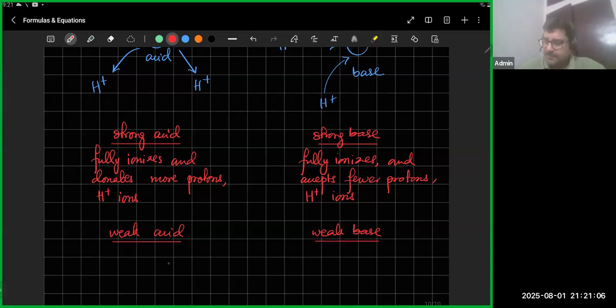What's a weak base? A weak acid is that it partially or weakly ionizes. ठीक है? Zainab, exactly this is what they're going to do. And you can just say fully ionizes. That basically covers it. ठीक है? But that is exactly what this statement means.